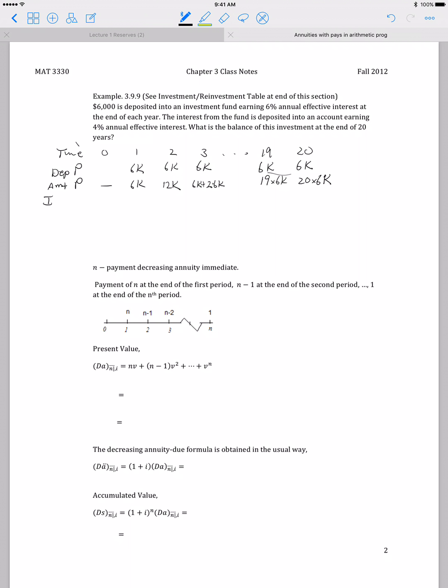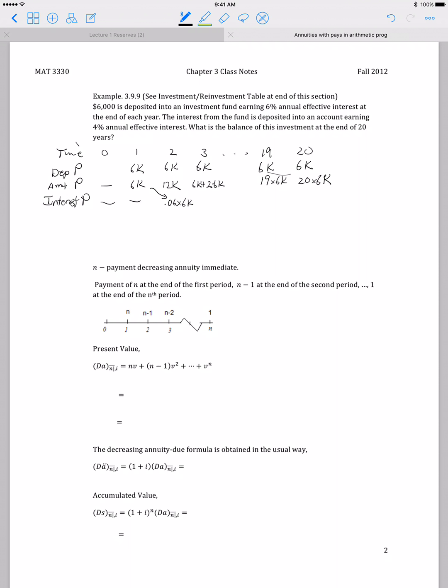Then I want to determine how much interest I do take out. So at time 0 I don't have any interest. At time 1 I don't have any interest because I just made my first deposit. At time 2 I'm going to get 6% of this $6,000, and that's $360, but I'm just going to write it like this.